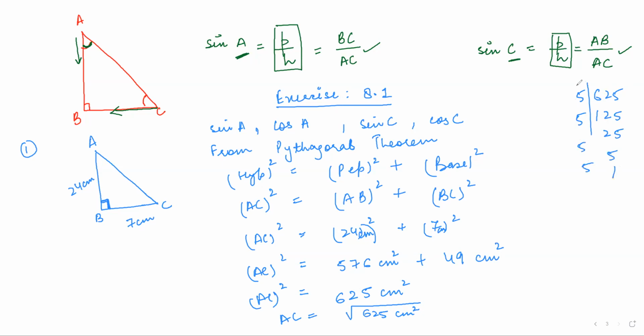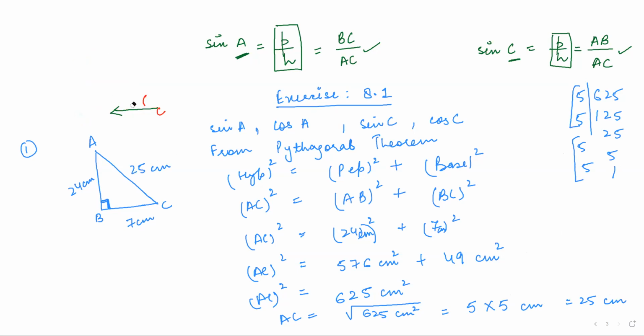Square root means you have to make pairs of 2. From one pair you take only one. So that becomes 5 into 5. And centimeter square means centimeter into centimeter, so you will take only one. So that becomes 25 centimeter. So you have got this side as 25 centimeter. Now you can find any ratio whichever you want.